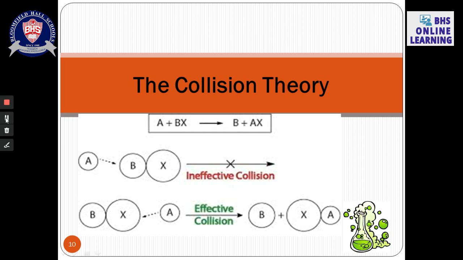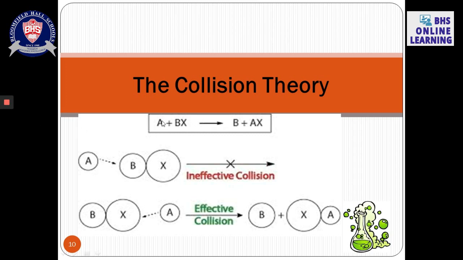But if they collide with less energy, then no reaction will take place. They will simply bounce apart. For any chemical reaction to take place, the particles have to collide with sufficient energy.